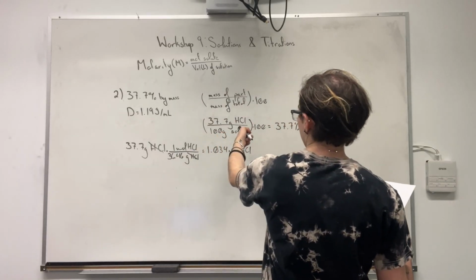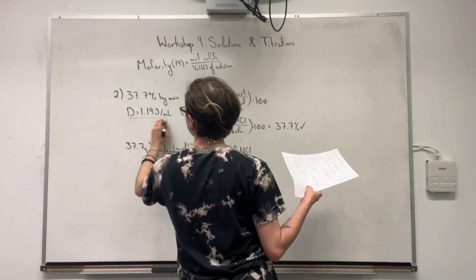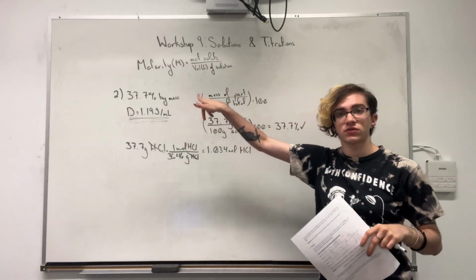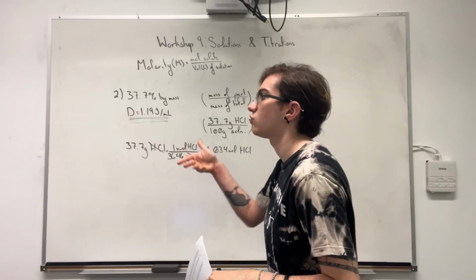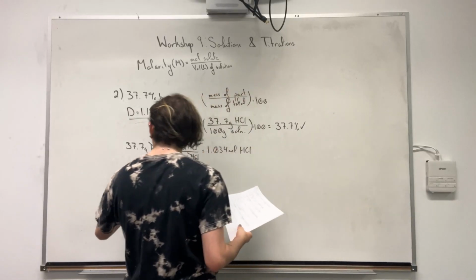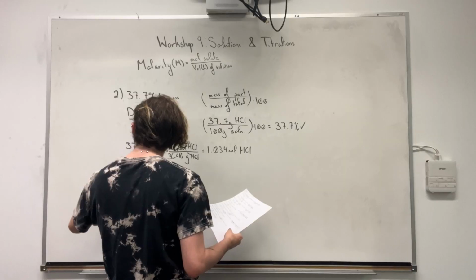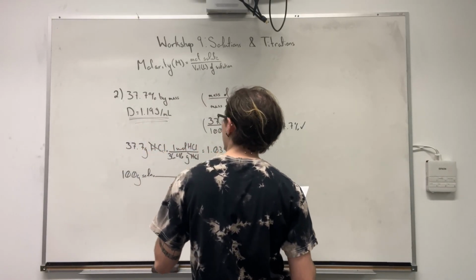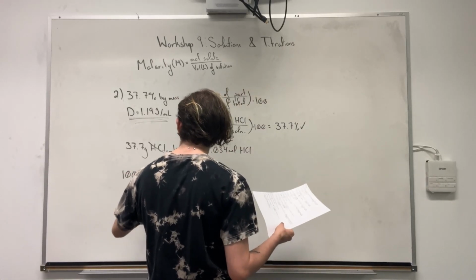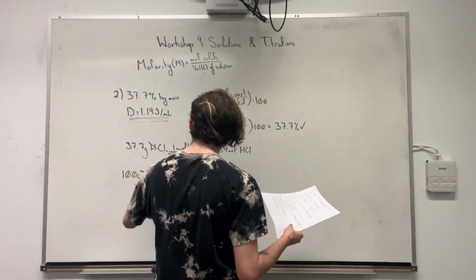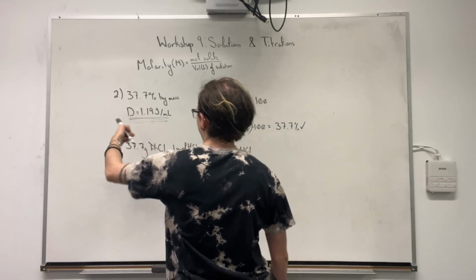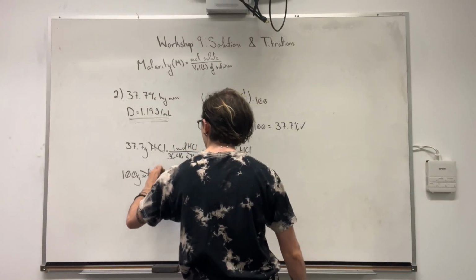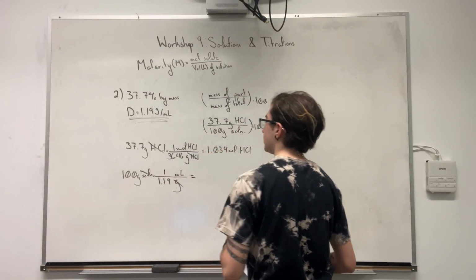Now using grams of solution, this is what our density is given to us for. We have a conversion factor that gets us from grams to milliliters, from a mass to a volume. And so if we have 100 grams of solution, the density of the solution is 1.19 grams per milliliter. We divide by grams to cancel out, and we multiply by milliliter. 1.19 grams per milliliter is the same thing as saying that we have 1.19 grams for every 1 milliliter in this solution.